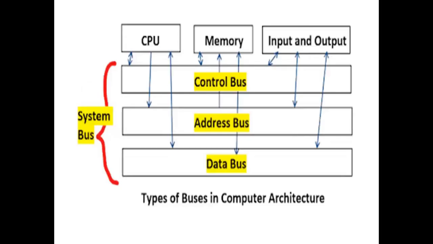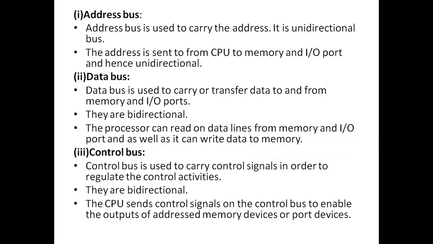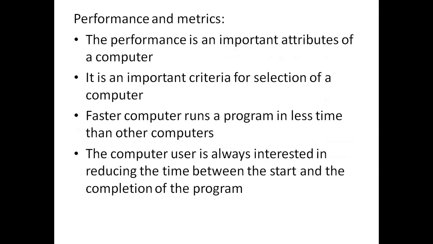In the system bus, there are three types of buses: control bus, address bus, and data bus. Through buses, data can be moved from CPU to memory, memory to CPU, input output devices to memory, or input output devices to CPU. Likewise, the architecture is designed.